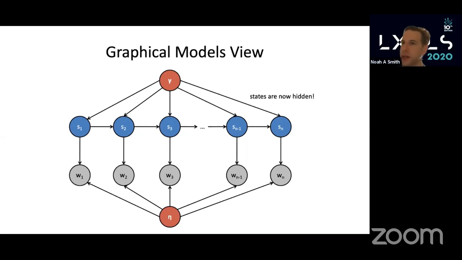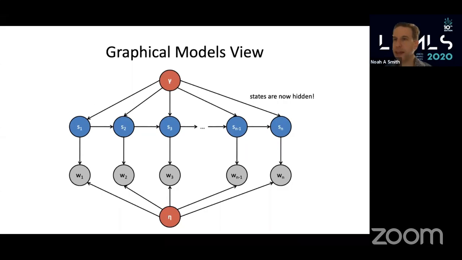And when we're learning, we're not actually that interested in them. What we'd like to do is say, let's make the words as likely as possible, whatever their states were, and take all possible state sequences into account while we're learning, because we don't want to make a commitment. So this is a view of the unsupervised learning problem as a graphical model for an HMM.